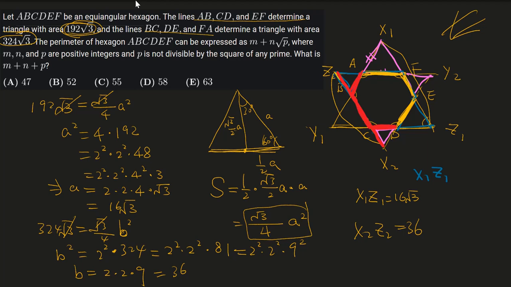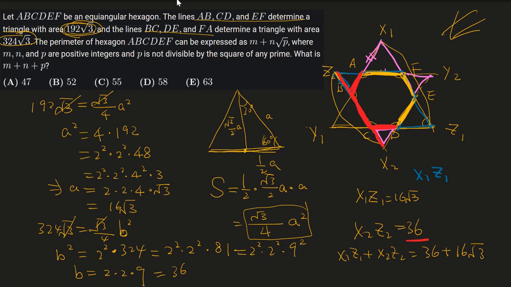So that is 36. Therefore, the perimeter of this hexagon just equals x1, z1 plus x2, z2, which equals 36 plus 16 times square root 3.